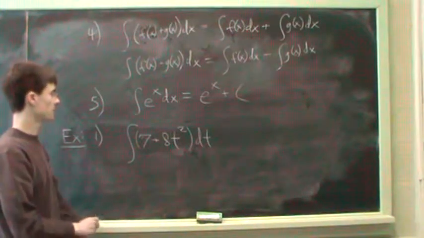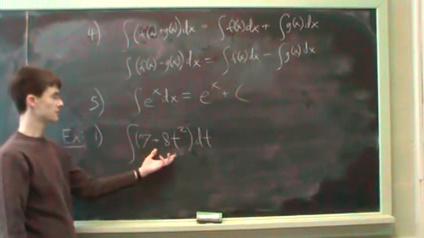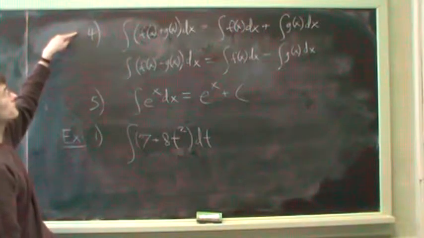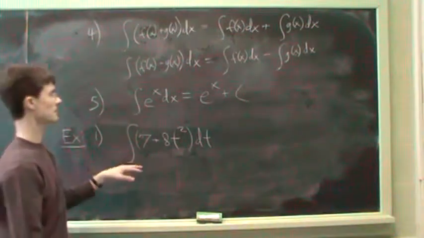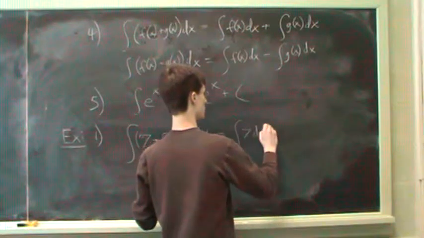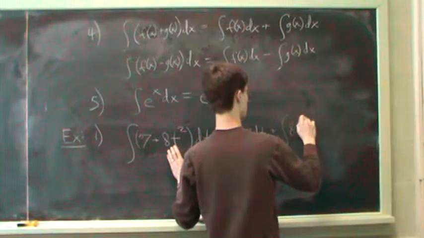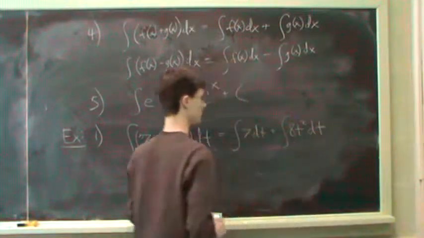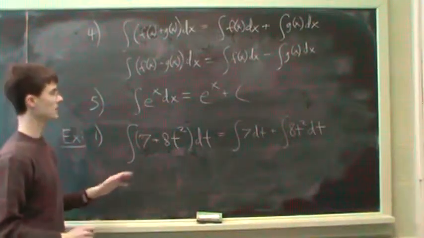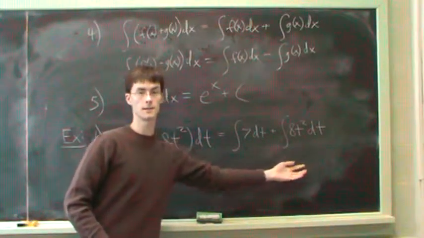Okay. Now we're trying to integrate the sum of two expressions. So rule number 4 tells us that we can do that by just integrating the first one and then adding to that the antiderivative of the second one. So now we get the integral of 7 dt plus the integral of 8t squared dt.